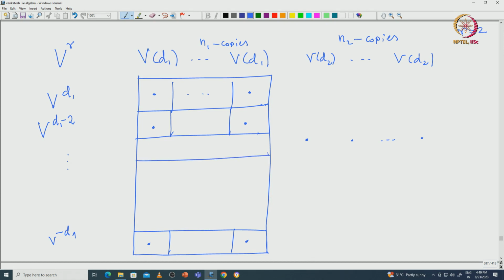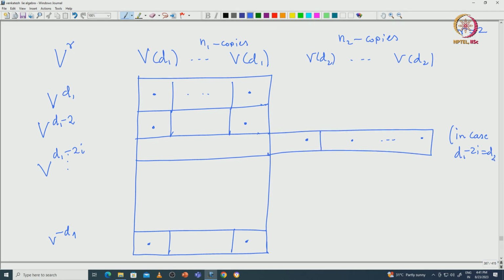So, let us say this is D1 minus 2i. In case D1 minus 2i is equal to D2, then whatever we are getting here will match up with this. Similarly, it will go all the way up to minus D2.